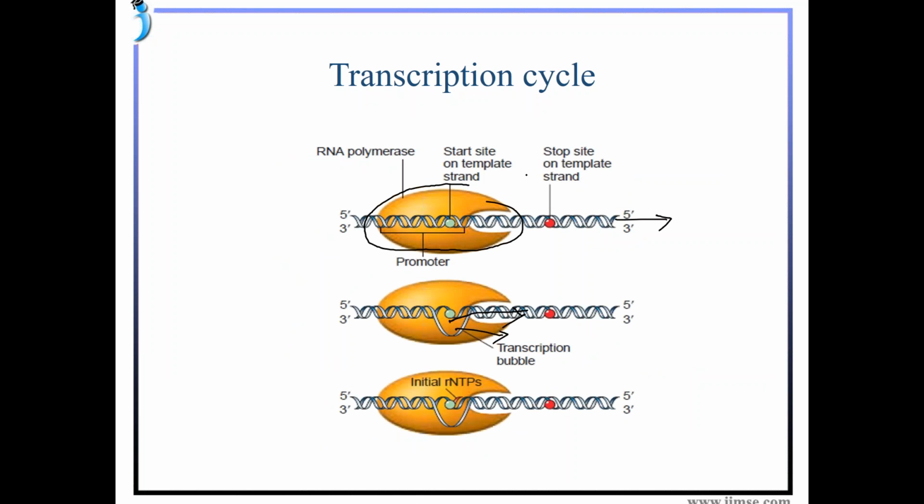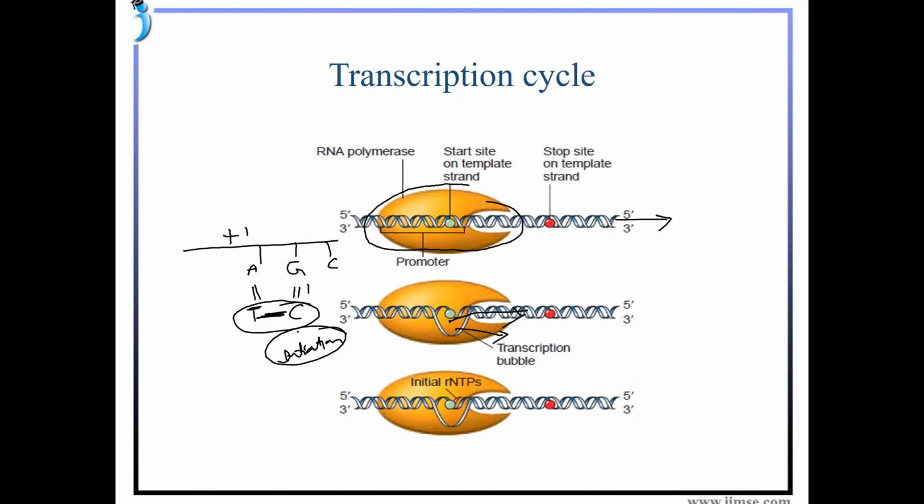So in the first step, what happens? As I told, from the +1 site, your mRNA synthesis will start. Let's assume this is your template strand. First the first nucleotide will bind. If this happens, it is not called initiation. Once the second nucleotide binds and there is formation of a phosphodiester bond between these two nucleotides, then it is called initiation.